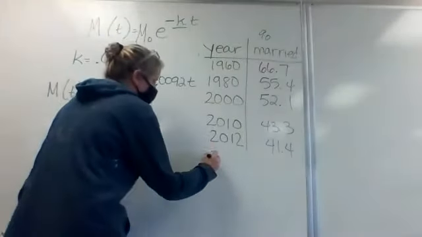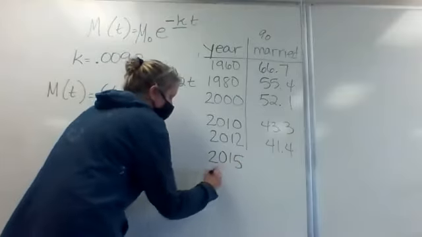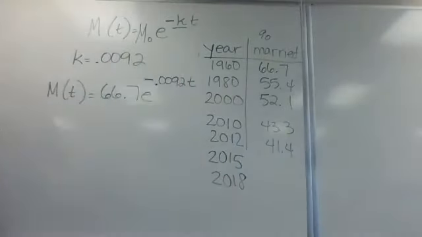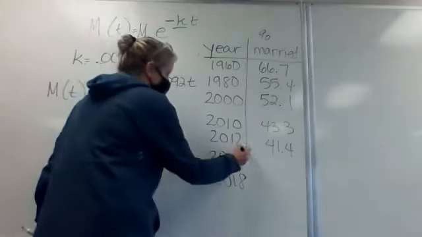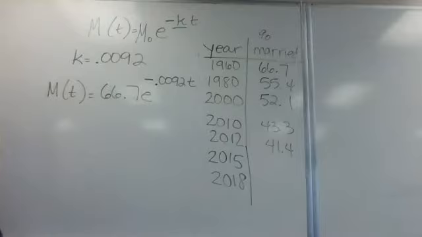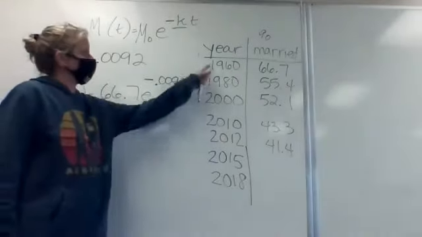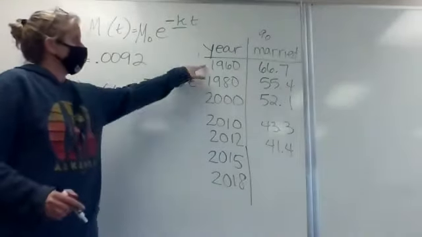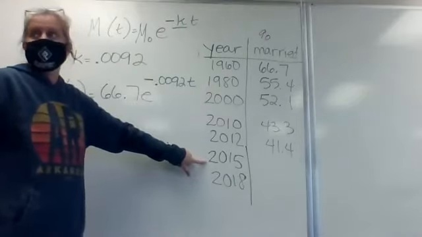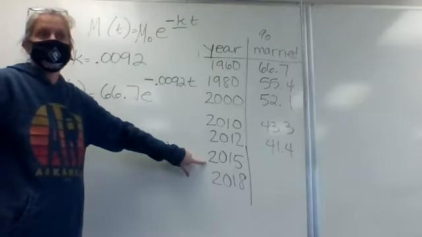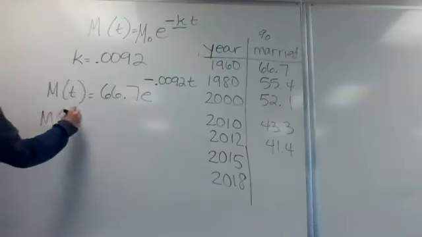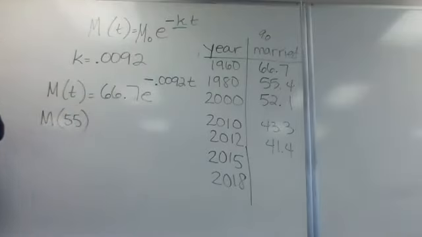Because now it wants to know what the percentage of adults is that are married in 2015. So how many years after 2015, or excuse me, after 1960 is 2015? 55 years. So I'm finding M of 55.